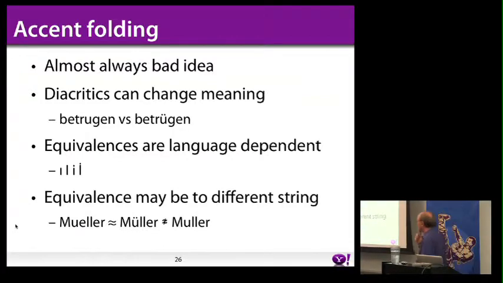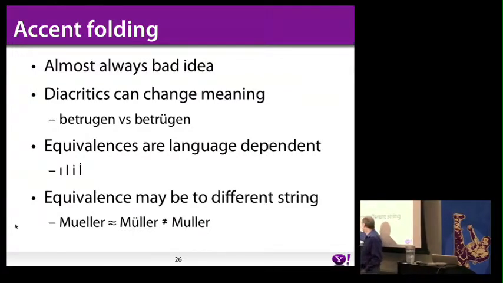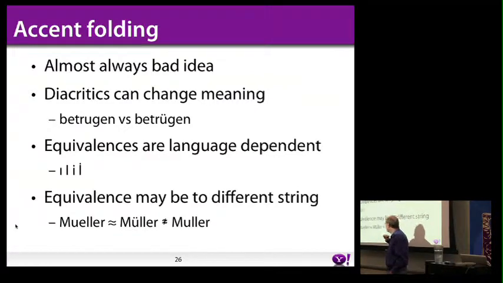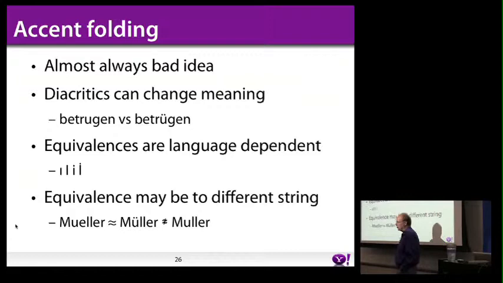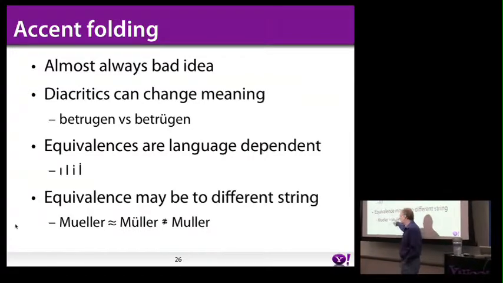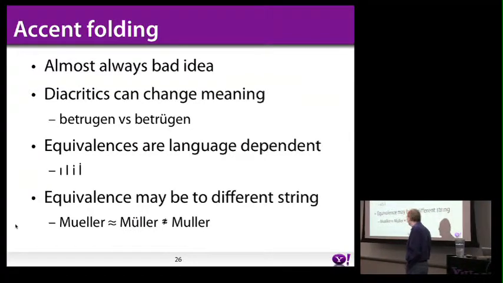Another thing is sometimes you have equivalences between different characters, but it's actually a different equivalence than you would get from just stripping the diacritics. So again, in German, a very common name is Müller, and it's sometimes spelled M-U-E-L-L-E-R, especially if you have used an old typewriter that doesn't have the diacritics. But M-U-L-L-E-R is something that's a bit separate. It's not the same.